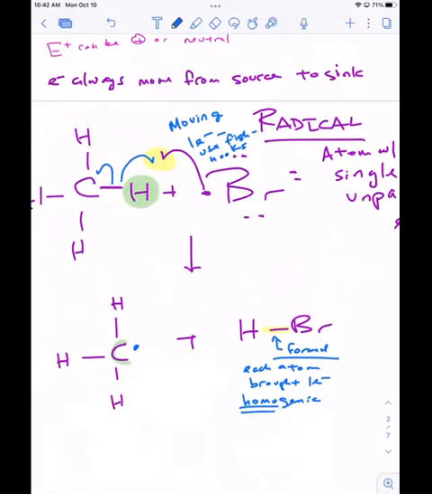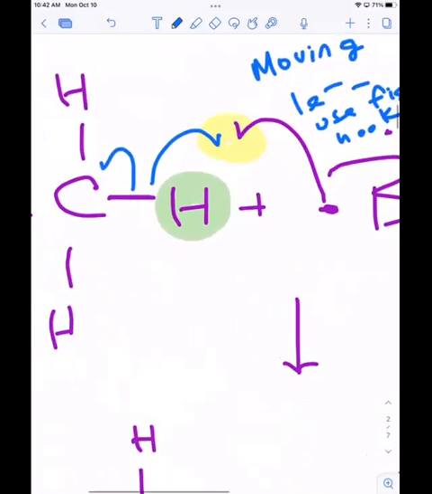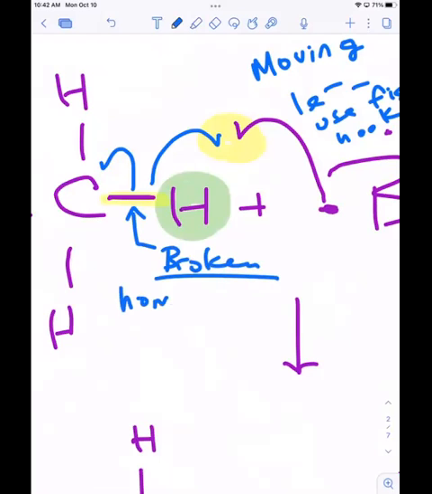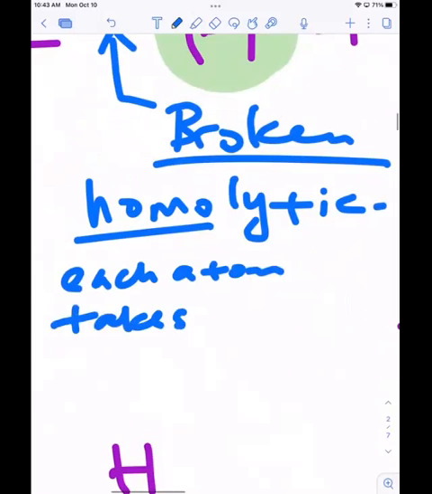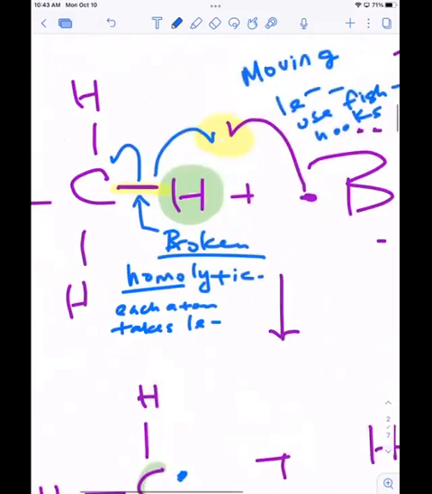Homolytic, right? So we can put that in. So we broke this homolytically, and that means each atom takes one electron.